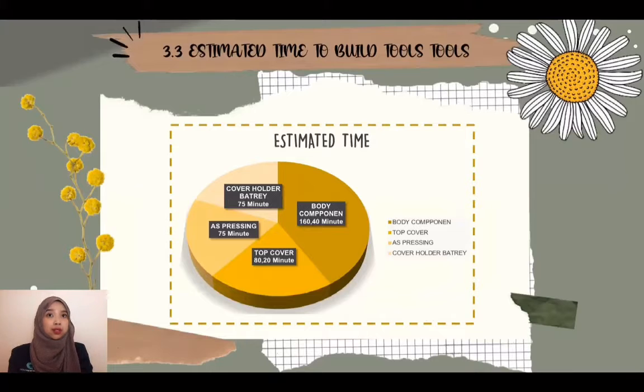Estimate to build tools. The estimated time for the cover holder battery is 75 minutes, body component 160.40 minutes, as pressing 75 minutes, same as the cover holder battery, and top cover 80.20 minutes.